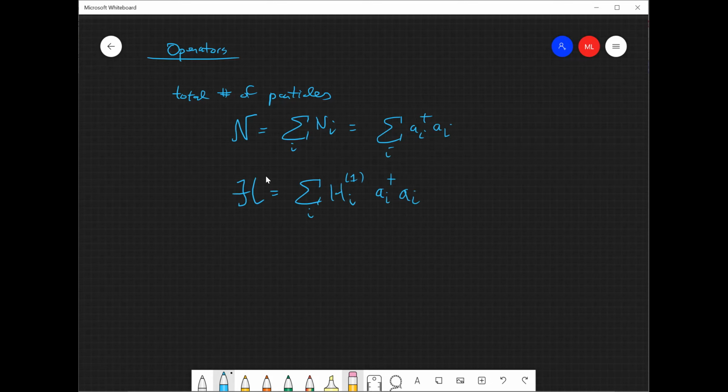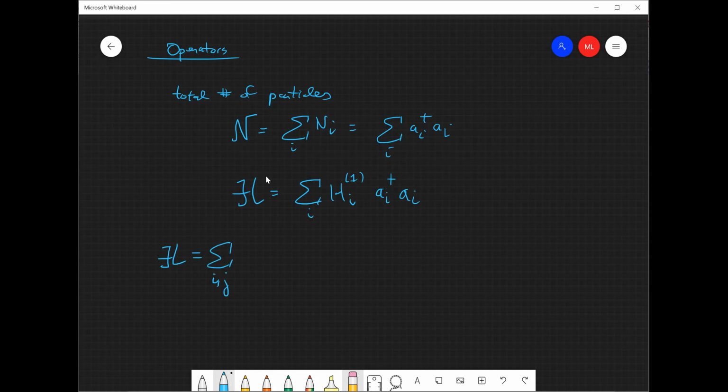But in general, your basis doesn't have to be diagonal. So in general, any kind of operator like this single particle operator could, in principle, be a linear combination including off-diagonal elements.